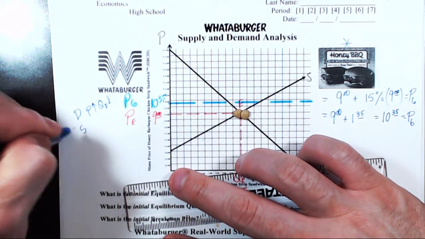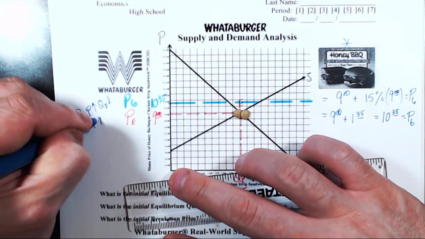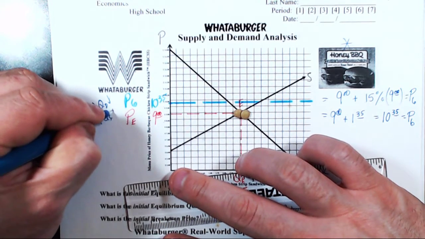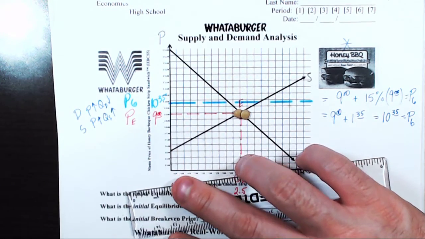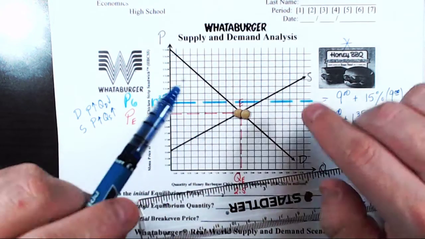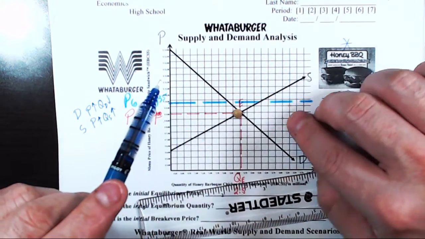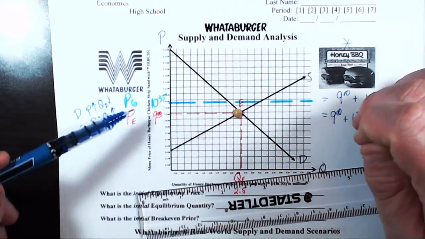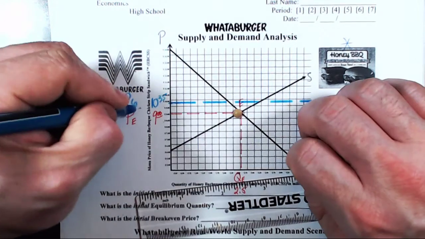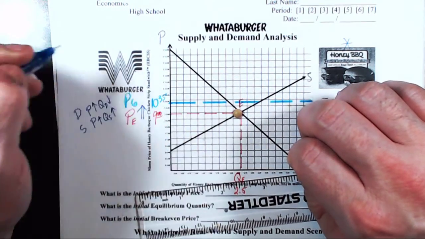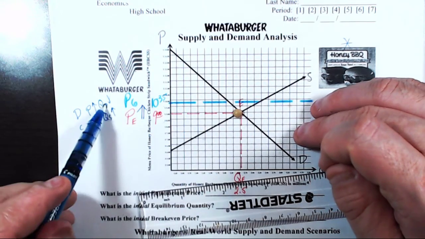And according to the law of supply, when the price goes up, the quantity supplied goes up. Okay, so let's make sure that the laws work. We'll start with the demand. The price went up, ladies and gentlemen, so the quantity demanded goes down.